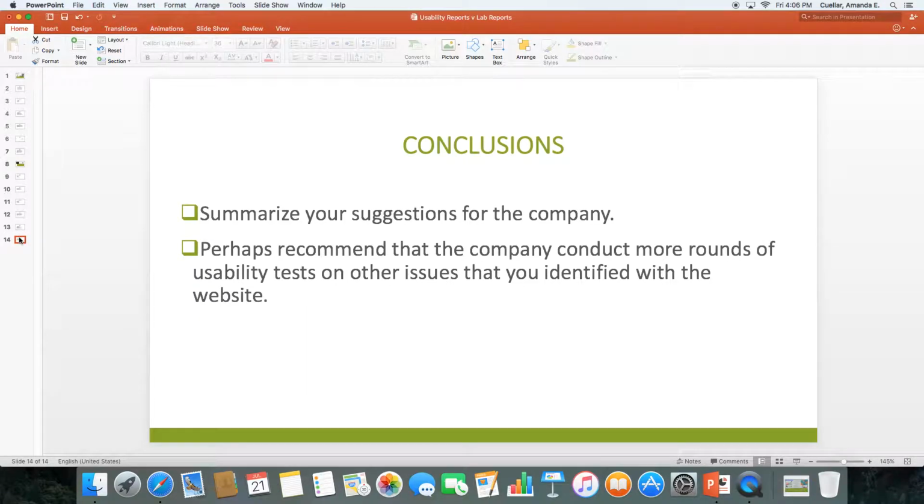Finally, in your conclusion, you want to summarize your suggestions for the company. You might also recommend that they conduct more rounds of usability tests on other issues that you identified with a website. And basically, this section offers some recommendations that the client should keep in mind as they consider improving the website and consider continually improving the website.